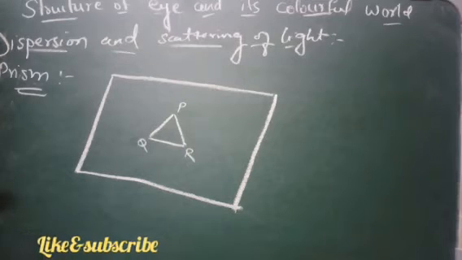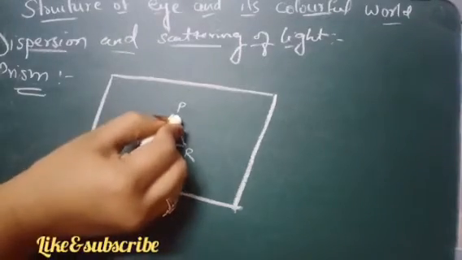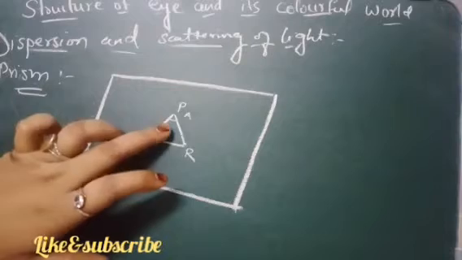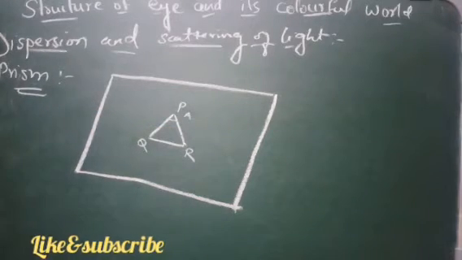This angle of the prism is A. Okay, so the angle of prism is A.